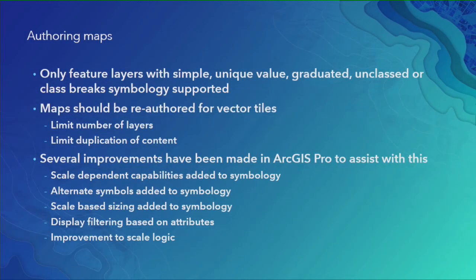One of the things that we want to reiterate is that if you have a map that came from raster tile creation and you are looking to create vector tiles, you should reauthor that map. And you want to reauthor that map to limit the number of layers and limit duplication of content.